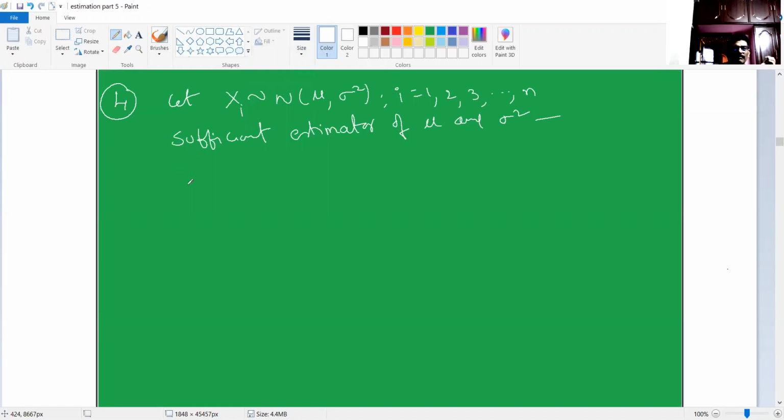Solution. The PDF of x is f(x) equal to 1 by sigma root 2 pi e^(-1/2 ((x - mu)/sigma)^2).